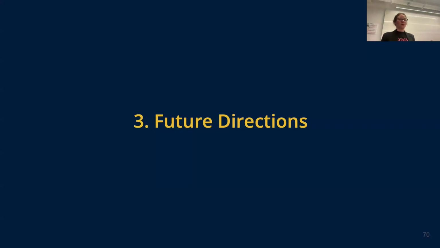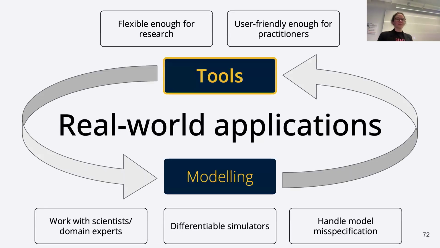What we really need in terms of future directions, and I'm talking about experimental design in this case, but this applies to Bayesian machine learning more generally, is to think about how we can apply these things to more real-world applications.